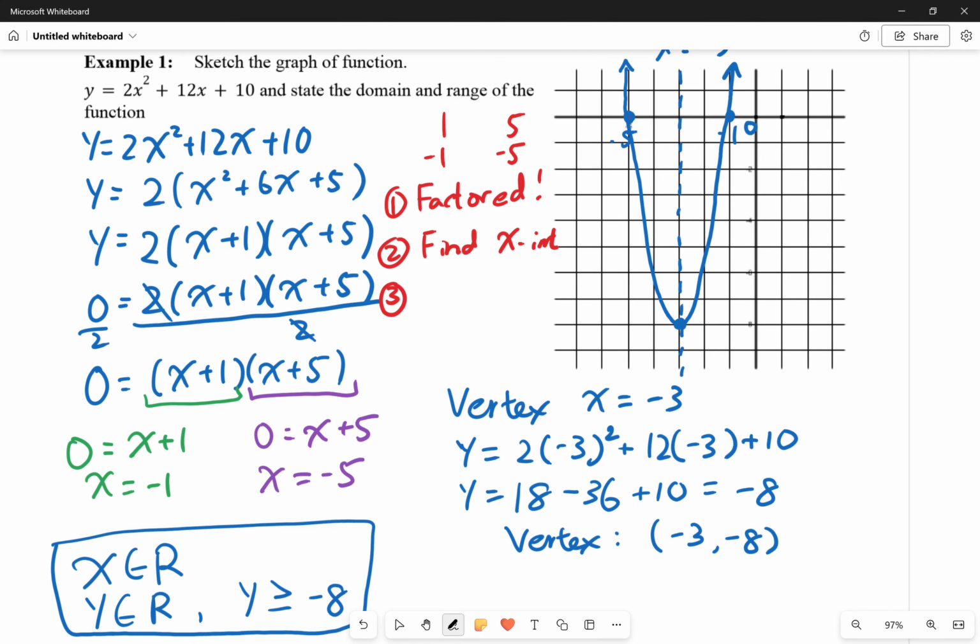Because remember, my vertex has to be in the middle of my 2 x-intercepts. So use that to find the vertex. When I say find vertex, you also have to find the y value of the vertex, which is what we did over here. And then lastly, state the answer from there. So that's the process for this question.